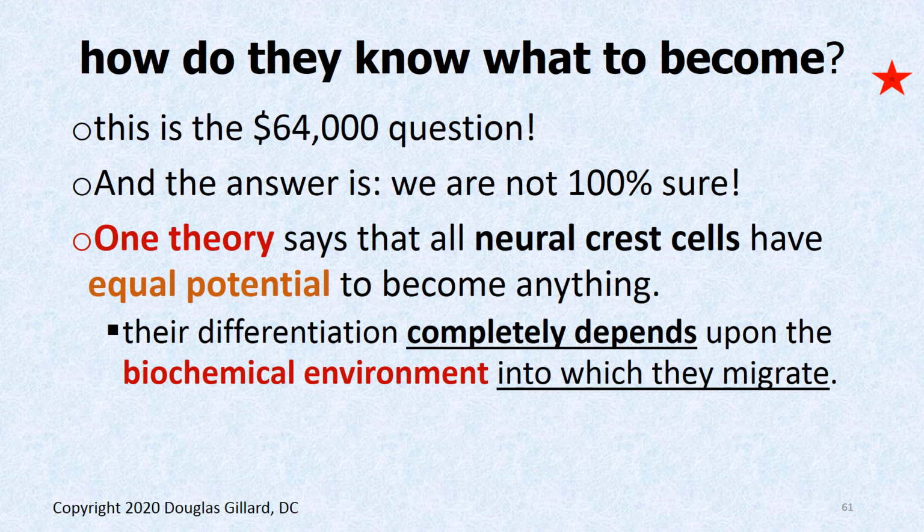And what makes them become ethmoid bone, as opposed to dermis of the neck, is the region into which they migrate. So it's the chemical soup of the area they migrate into which tells them what to become. Their differentiation completely depends upon the biochemical environment into which they migrate.